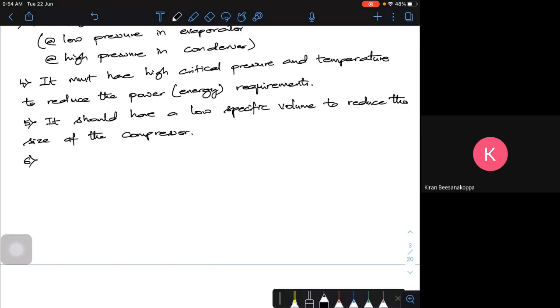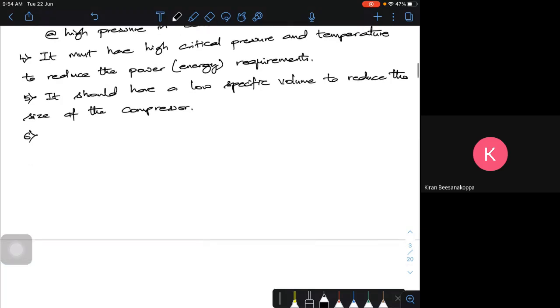Copper is called a good conductor of heat and electricity because it has high thermal conductivity. Plastic and wood have low thermal conductivities. So the refrigerant should be able to absorb large quantities of heat in your evaporator. So high thermal conductivity is preferred.